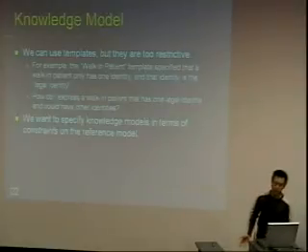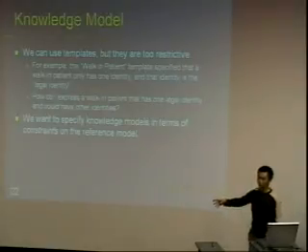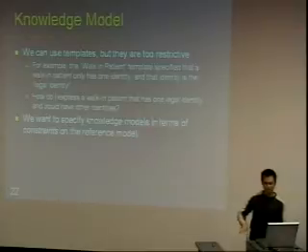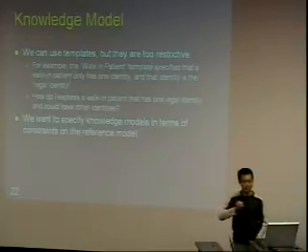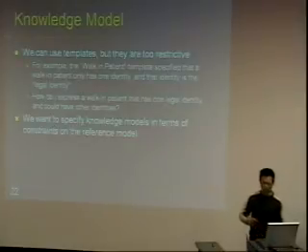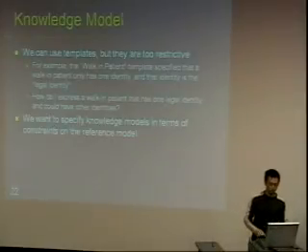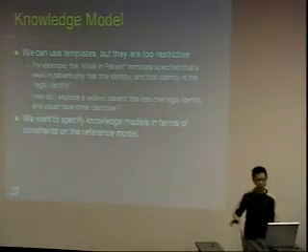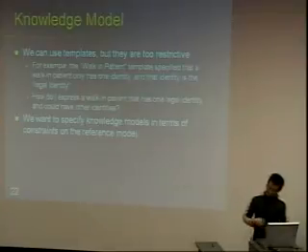We can use templates. For example, the walk-in patient template specified that a patient identity has to have a first name, last name, and a title. However, it's too restrictive. The walk-in patient template specified that the walk-in patient only has one identity, and that identity is called a legal identity.